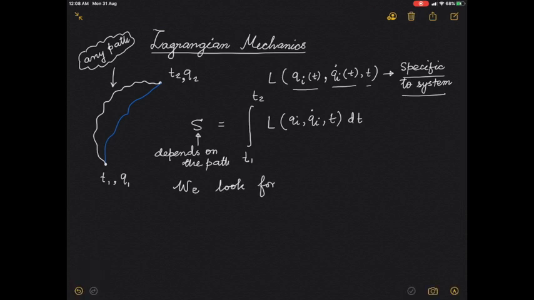So then what do we do? We look for delta S equals 0. If I know when delta S equals 0, that will give me the trajectory. And that is essentially Hamilton's principle.